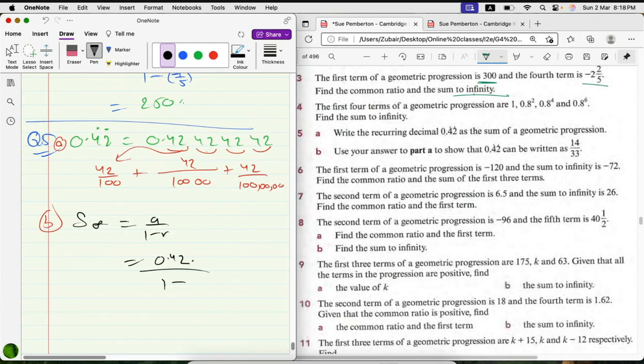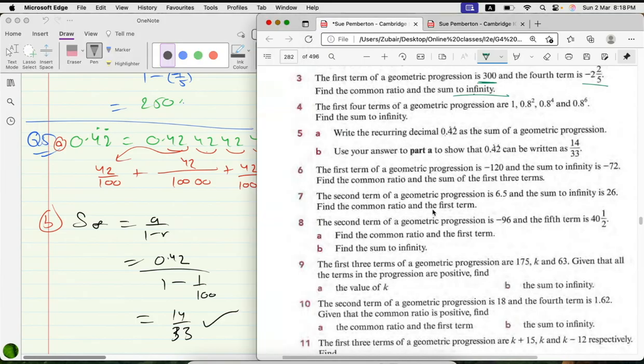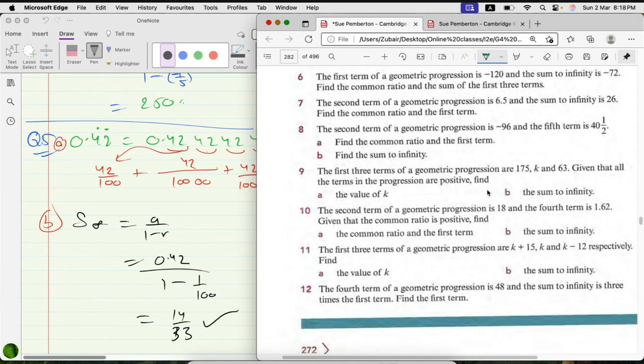So 0.42 over 1 minus r is 0.42 divided by 0.4242. I'm getting r as 1 over 100. Then 0.42 divided by 1 minus 1 divided by 100 is 14 by 33. Shown. Try question number 6.